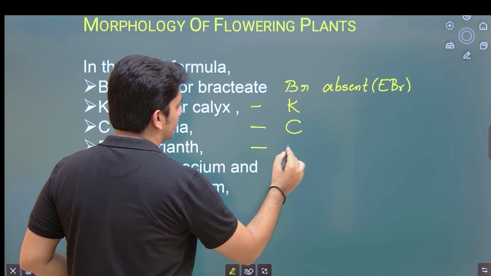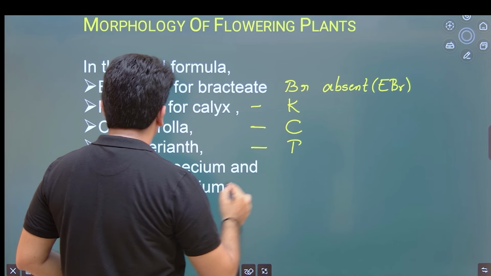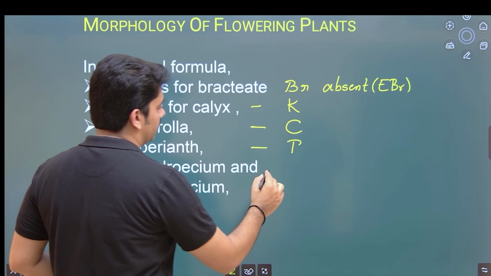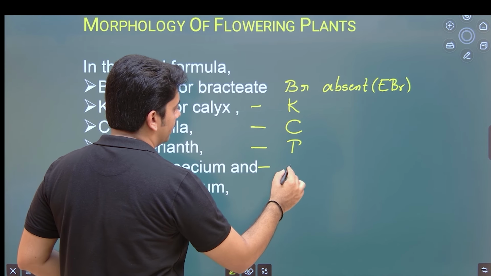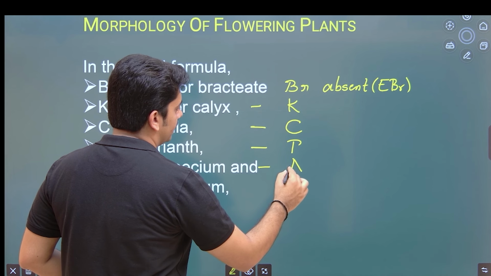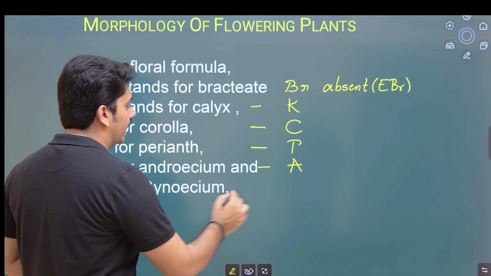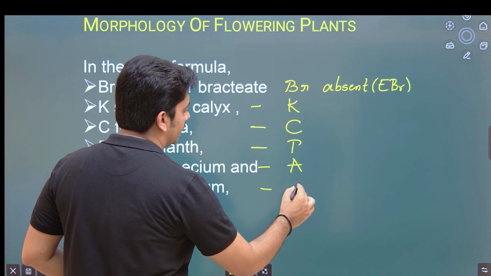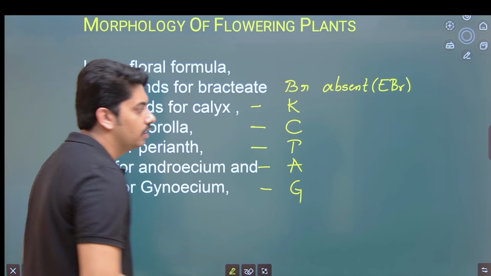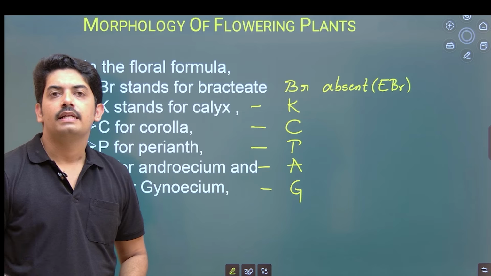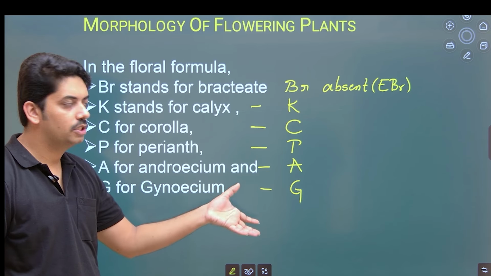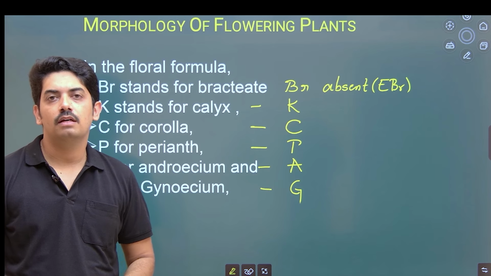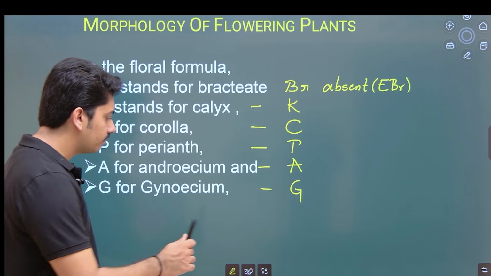So perianth is represented as P. Then Androecium, nothing but the male reproductive part, stamen, represented as capital A. Gynoecium, female reproductive part, represented as G. Okay, so these are the technical letters used in describing the floral formula.